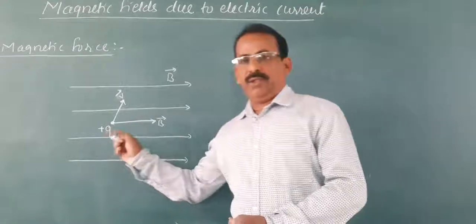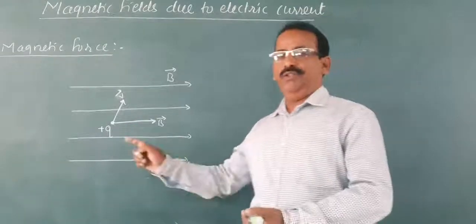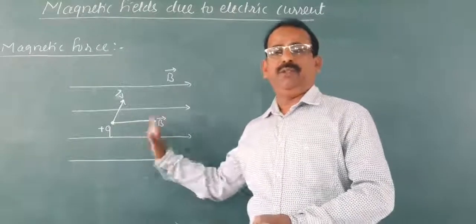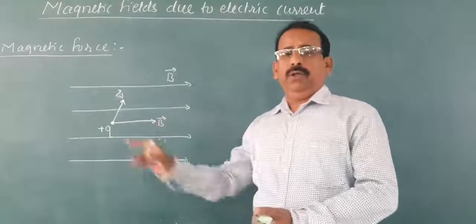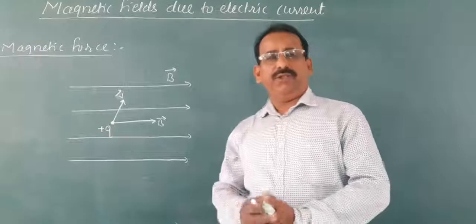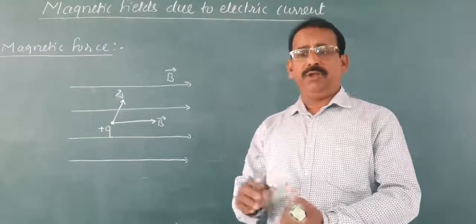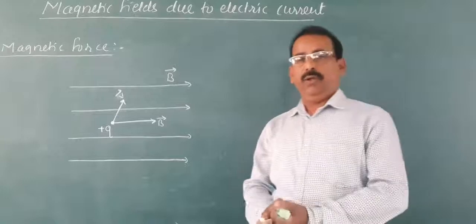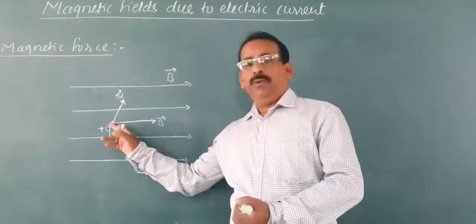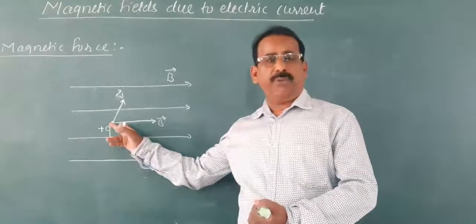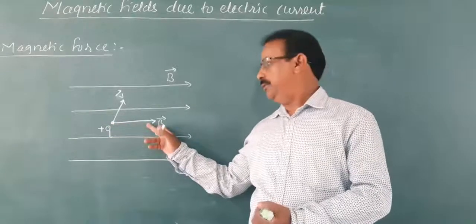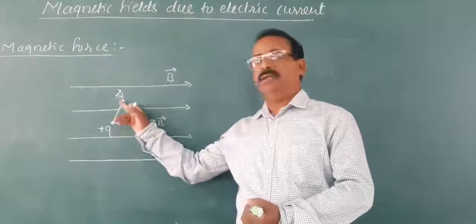This is a plus Q charge. It is moving in this magnetic field. The magnetic field is uniform. The velocity of this electric charge is v, and it is shown in the figure in the form of a vector. When the charge is present at this point, the direction of the magnetic field is this, and the direction of velocity is this.